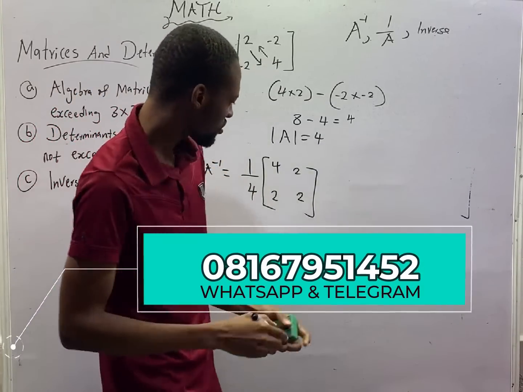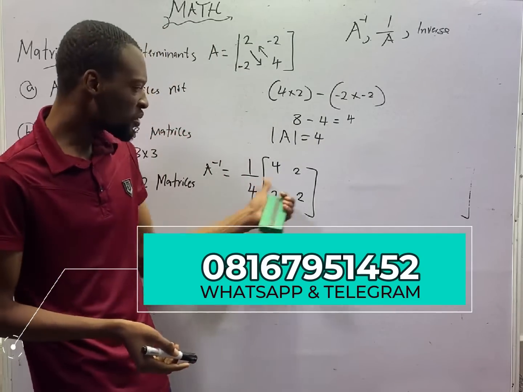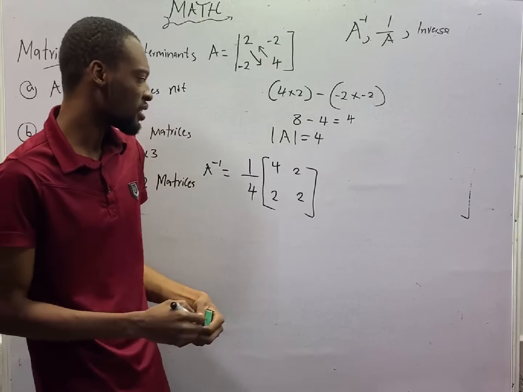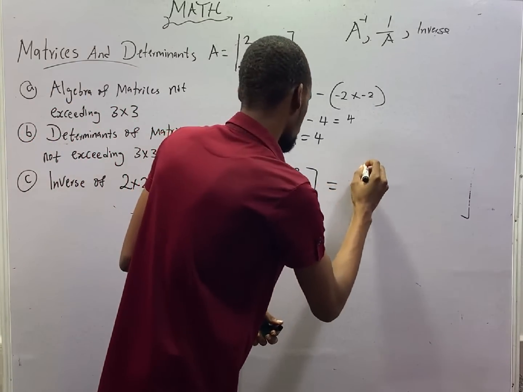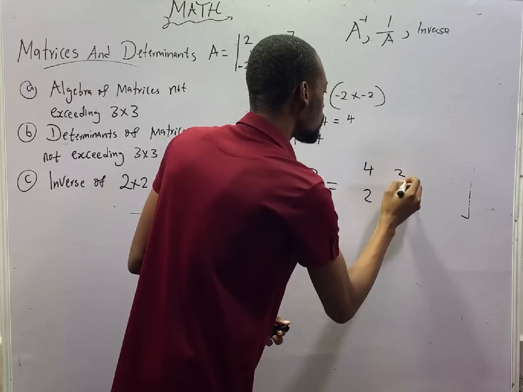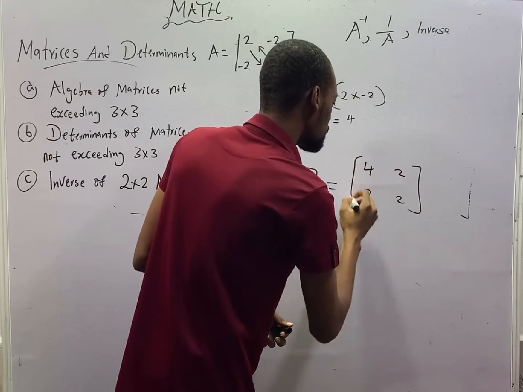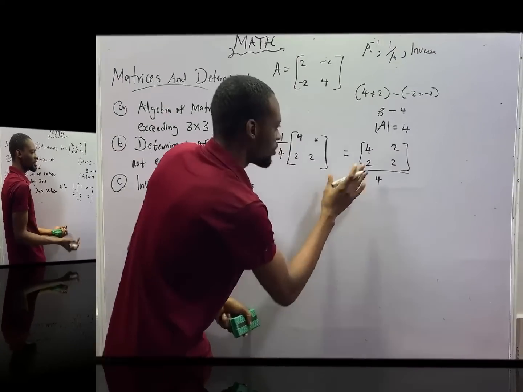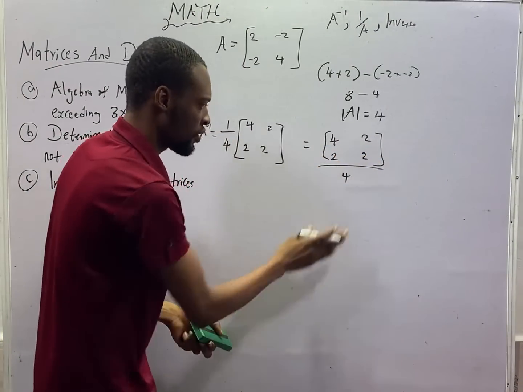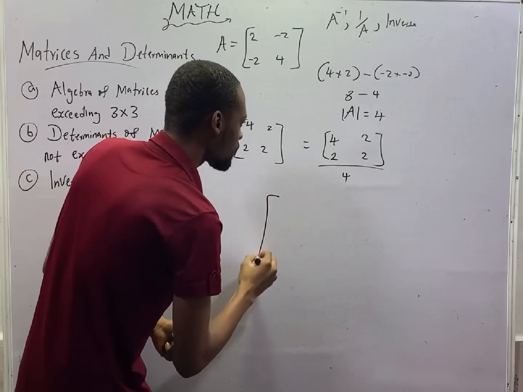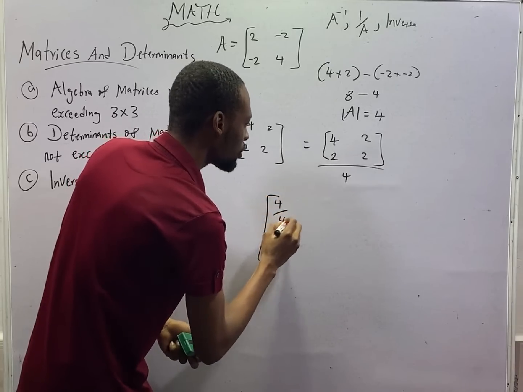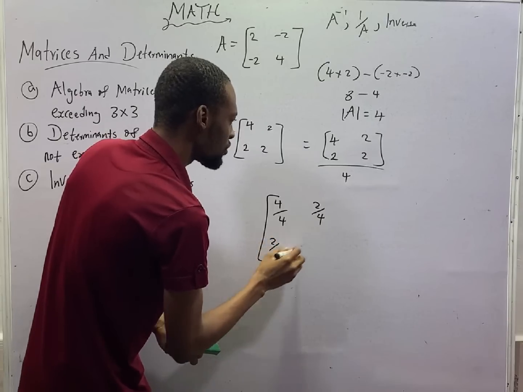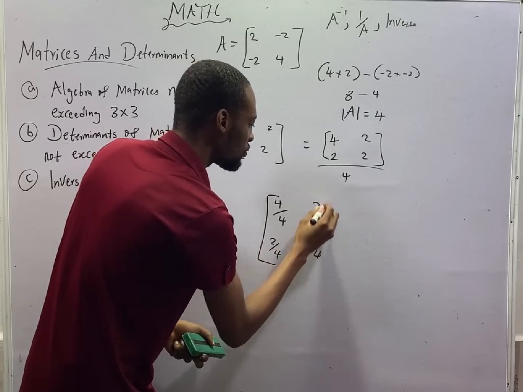In some questions, Jamb will do the division. Instead of doing something like this, they will actually divide. How do you do that? This is the same thing as 4, 2, 2, 2 over 4, because we are dividing by the determinant. Dividing each of the elements by 4: 4 over 4, 2 over 4, 2 over 4, 2 over 4.